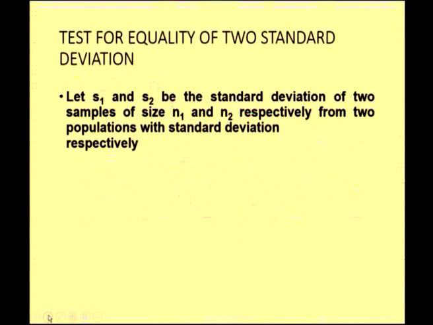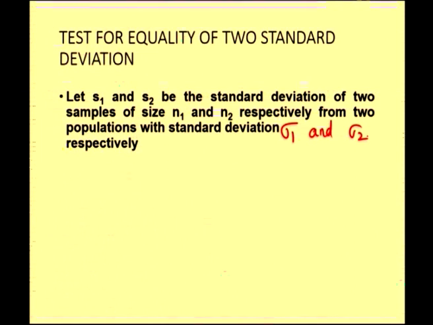First of all, the large sample test for equality of 2 standard deviations. The test may also be termed the test of difference of 2 standard deviations. To start with, let S1 and S2 be the standard deviations of 2 samples of size N1 and N2 respectively from 2 populations with standard deviations sigma 1 and sigma 2 respectively.